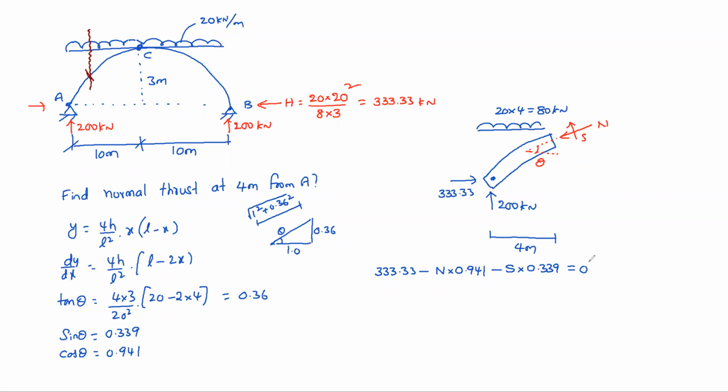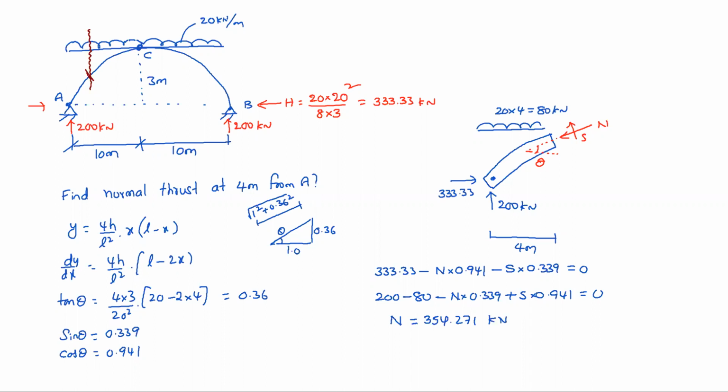Sigma V equal to 0 for this: vertical 200 upward, minus 80 kilonewtons downward, minus N sin theta, 0.339, plus S cos theta, 0.941, equal to 0. So solve and tell what is the N value. 354.271 kilonewtons is the axial thrust at that location.